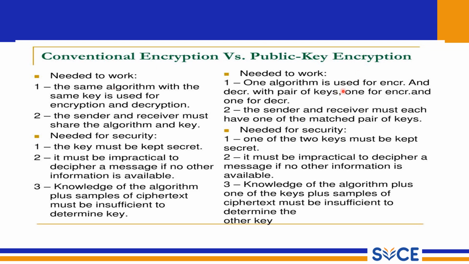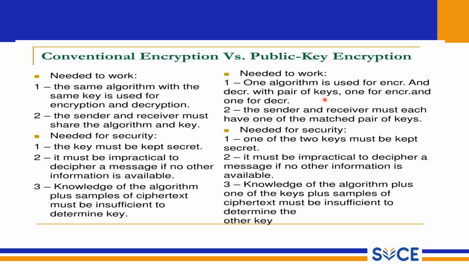And in public key encryption, one algorithm is used for encryption and decryption, with a pair of keys, one for encryption and one for decryption. The second point is that in conventional encryption the sender and the receiver must share the algorithm as well as the key.